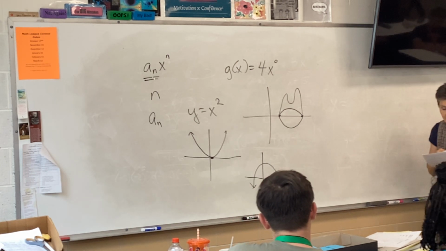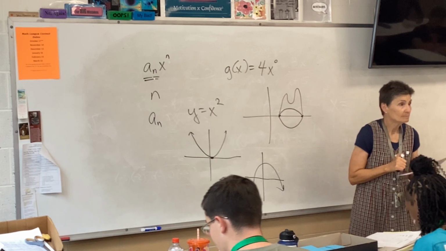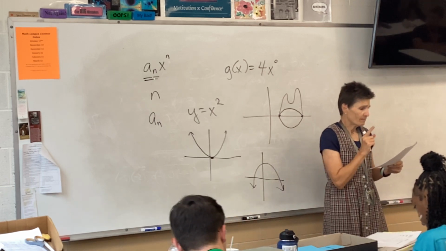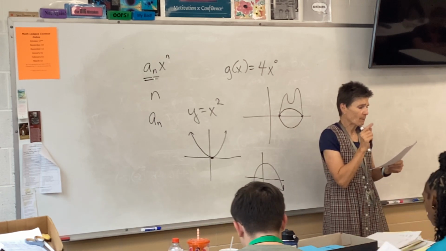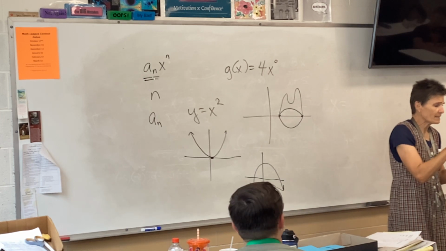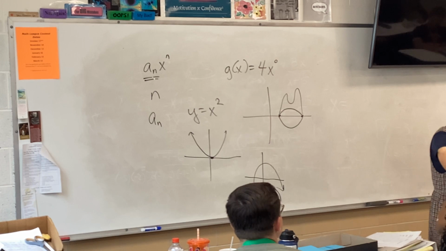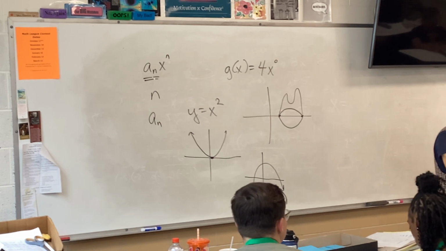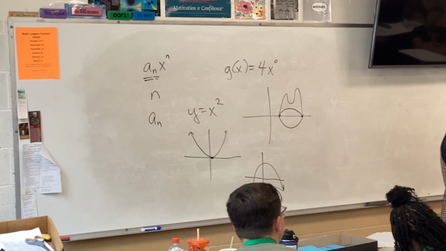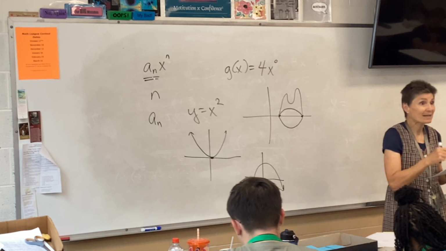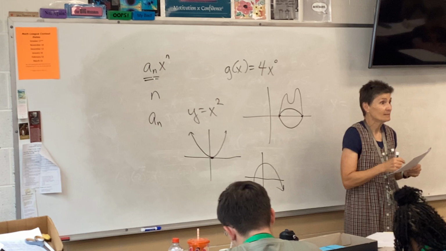-4 to -3. Now be careful. -4 to -3, the curve itself is decreasing, but we're talking about the rate of change. Increasing, because that is concave up, guys.